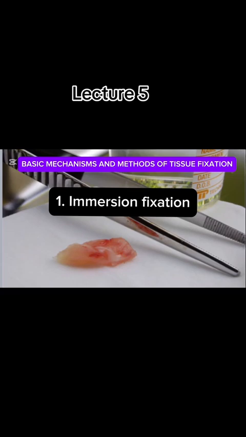So the fixative stabilizes proteins, nucleic acids, and lipids by forming cross-links or precipitating them. Immersion fixation is suitable for small tissue samples or biopsy specimens. However, large tissues may require longer fixation time due to slow penetration.